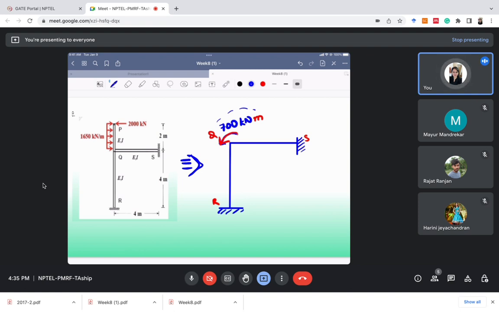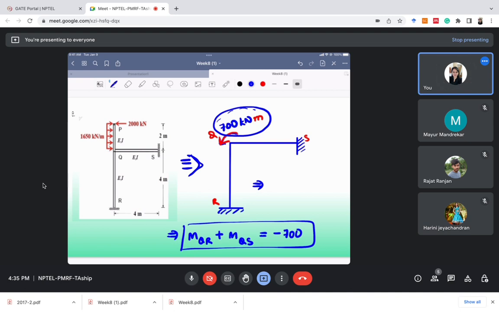So if we want to use the equilibrium equation at joint Q, we can write MQR plus MQS equal to minus 700, because at Q the loading is this. I hope it is clear. So this is the equilibrium equation we can finally use.